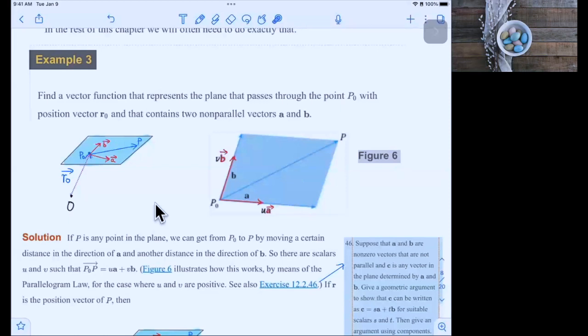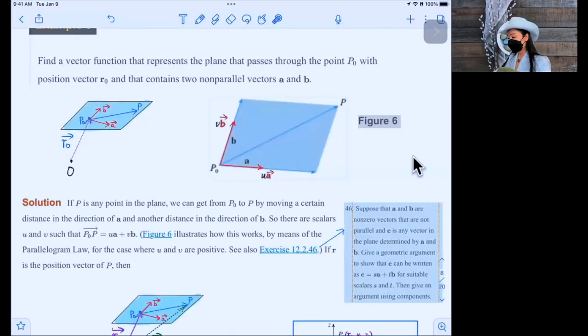We try to find a vector function representing the plane that cuts through this point and contains these two non-parallel vectors. And this one here is the position vector of this point. So what will be the equation for this plane?